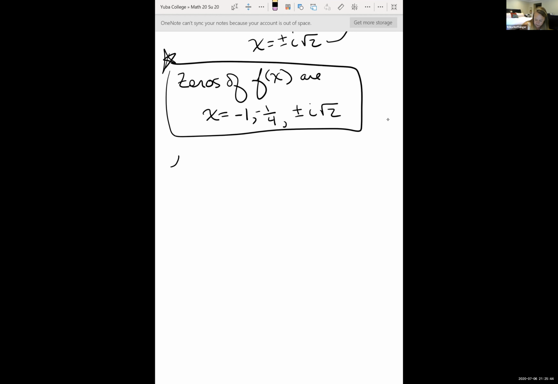I'll give you one more theorem. And you'll be using this in Calculus 1, Intermediate Value Theorem.